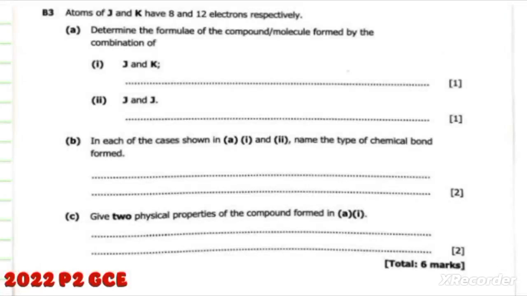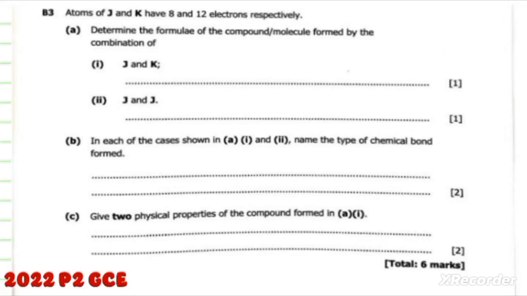Question B3. Atoms of J and K have 8 and 12 electrons respectively. Determine the formula of the compound or molecule formed by the combination of J and K. Okay, so if we look at J, it has 8 electrons.